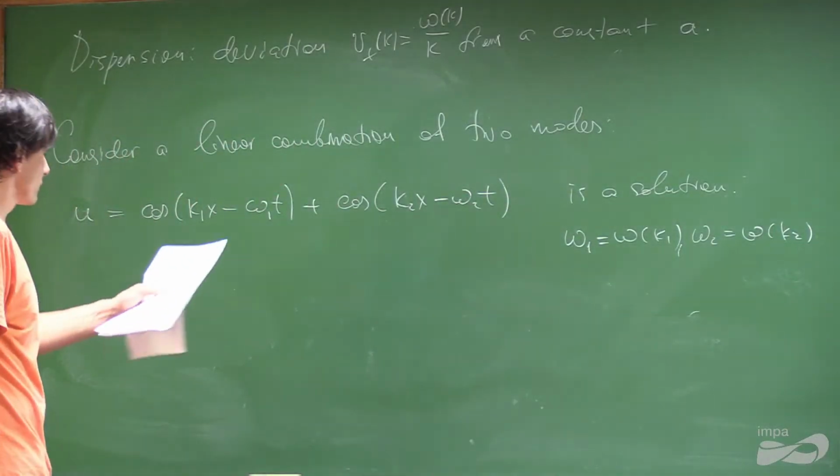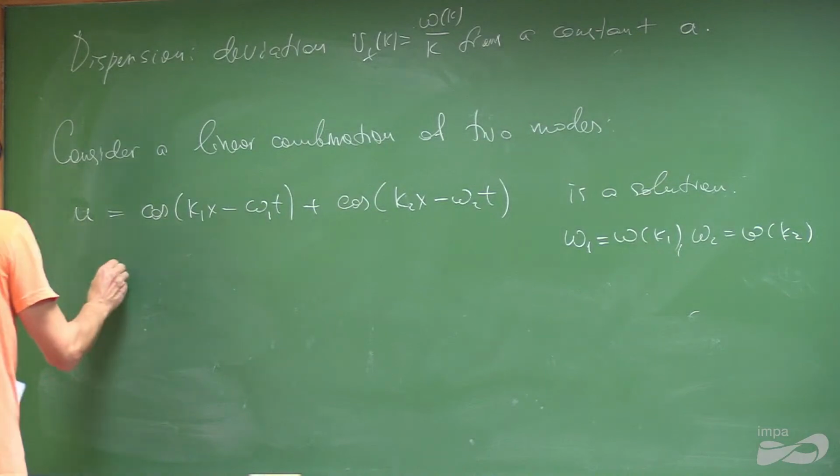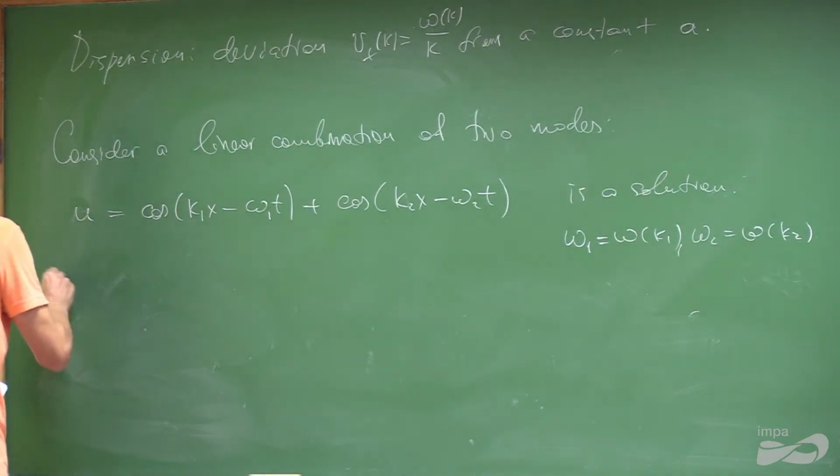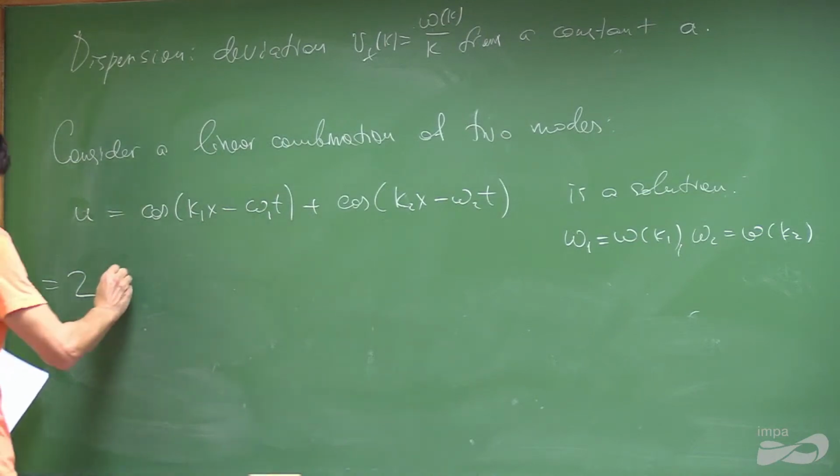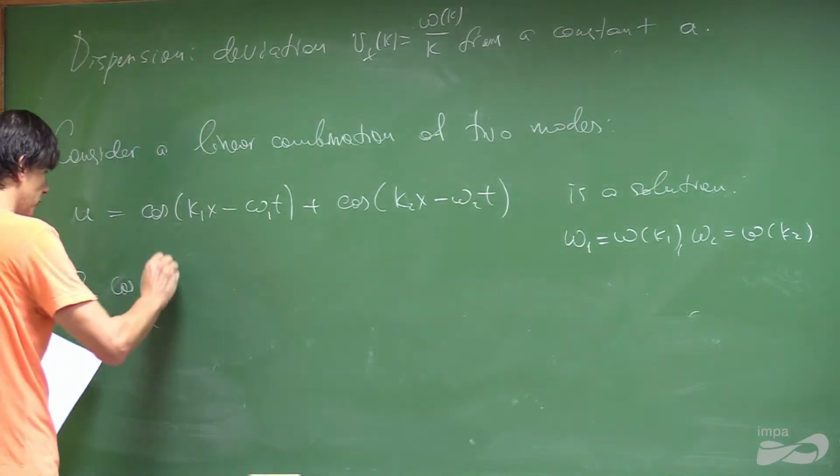Okay, you can add these two cosines. Remember, when you add cosines, it's 2 times the cosine of the half sum times the cosine of the half difference. That's a trigonometric relation.